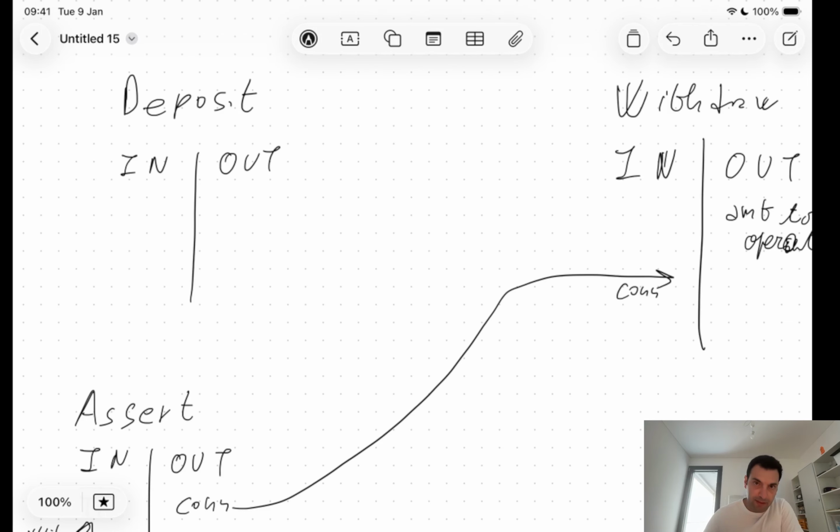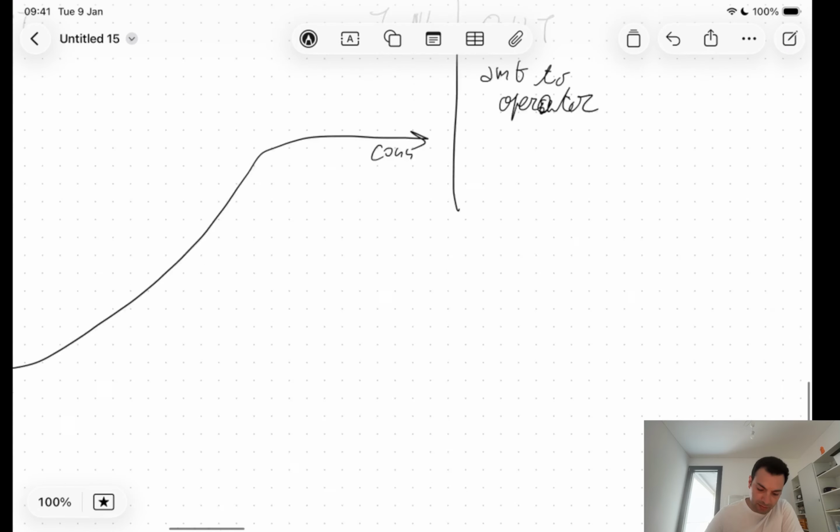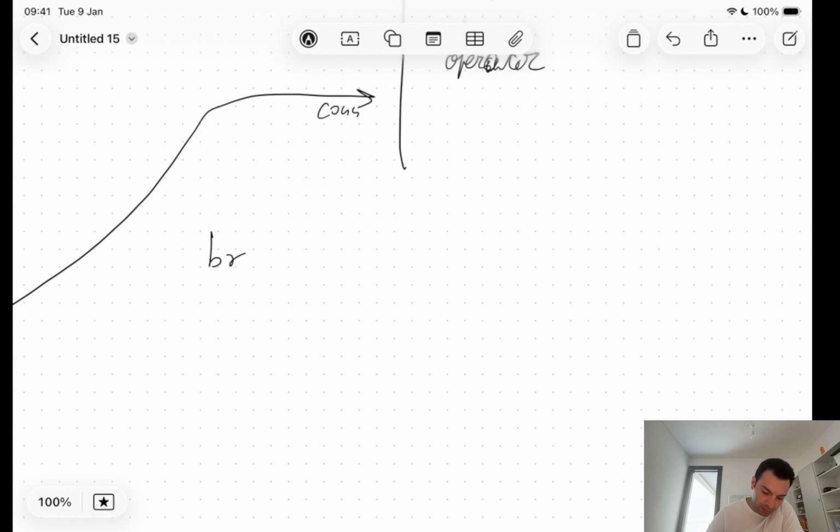For the peg in, we have a specific kind of transaction. The user Alice will put an amount AMT of Bitcoin inside the bridge. And the output is this kind of transaction. It has two branches, branch 1 and branch 2.